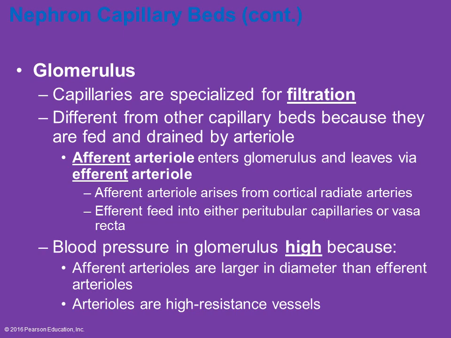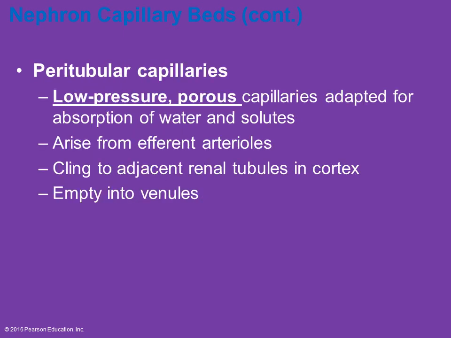Now, if you stop and think about this, if you remember when we were talking about the respiratory system, that pressure is similar to liquid in terms of, say, diffusion. Everything wants to move from high concentration to low concentration. Well, substances want to go from high pressure to low pressure. And so if the blood pressure is very high in the glomerulus, this is going to assist with the filtration, substances moving out of the blood and into the glomerulus.